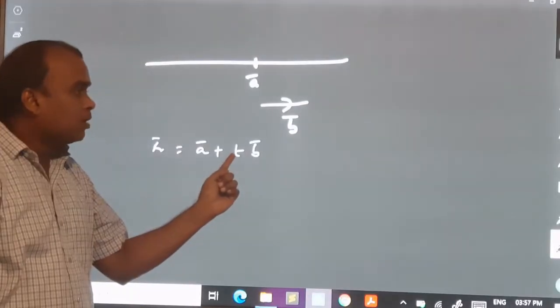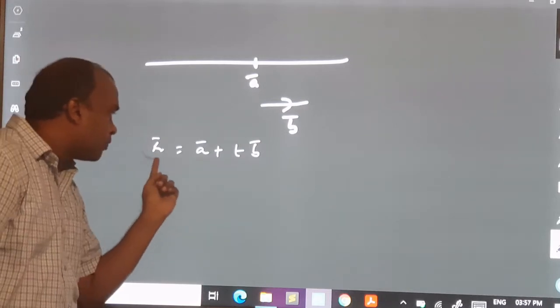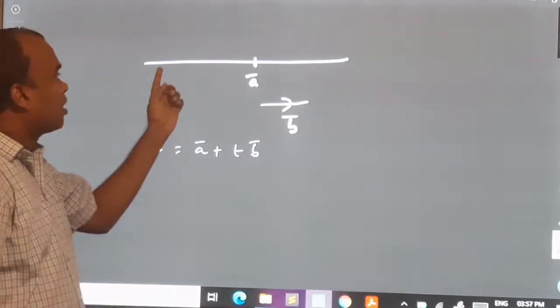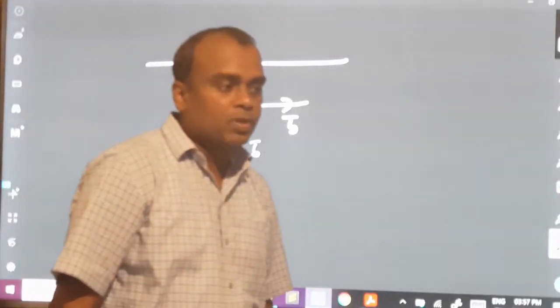As you keep giving different values to t, you keep getting different points R bar, and they all lie on this line. That is what we observed.